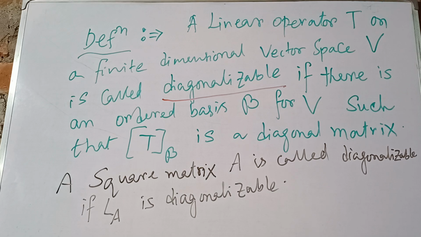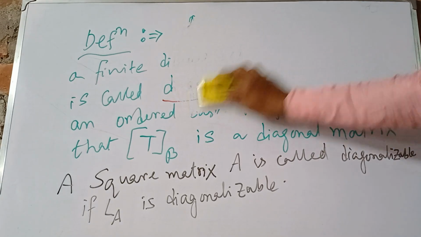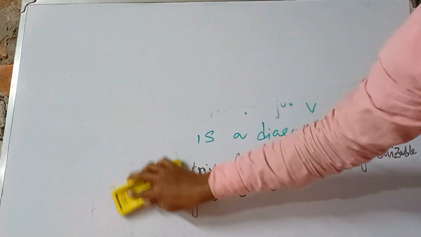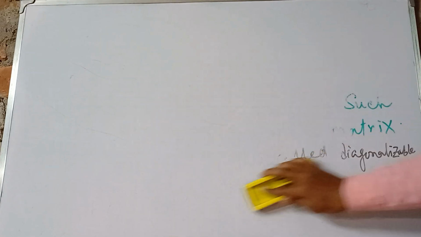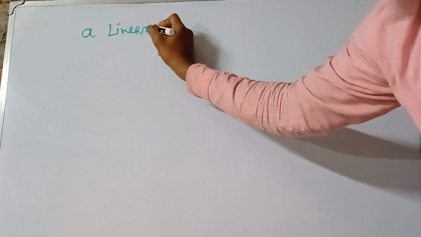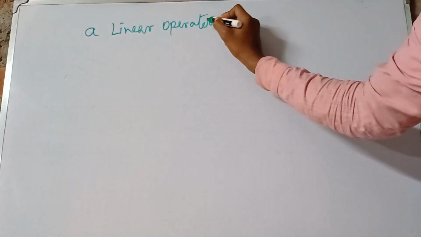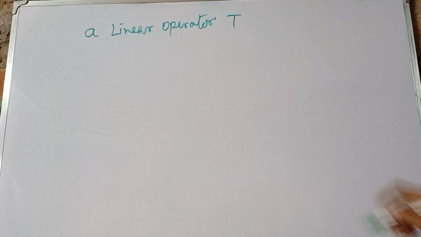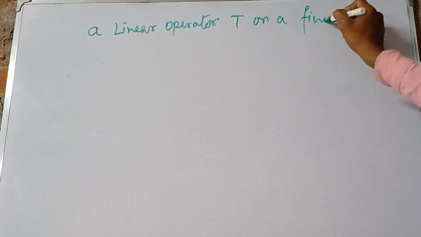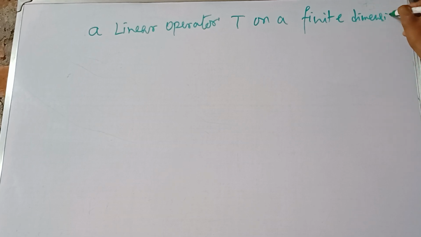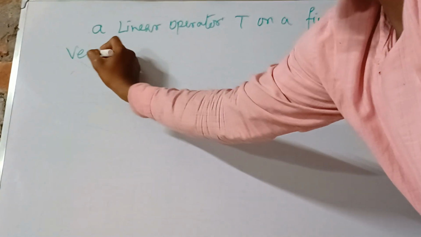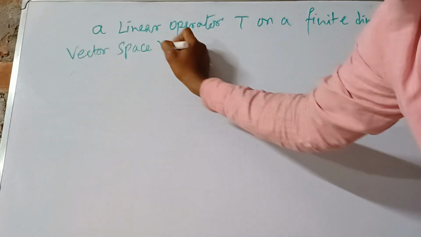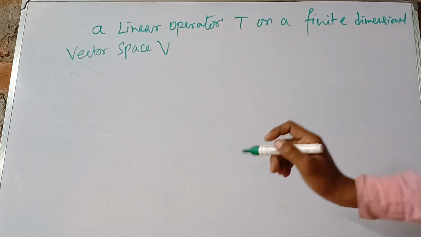That means a linear operator T on a finite dimensional vector space V is diagonalizable.